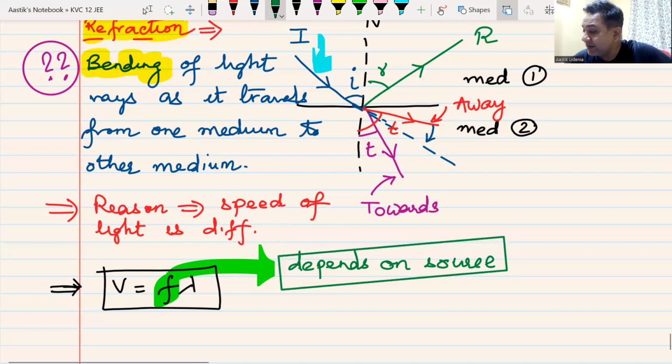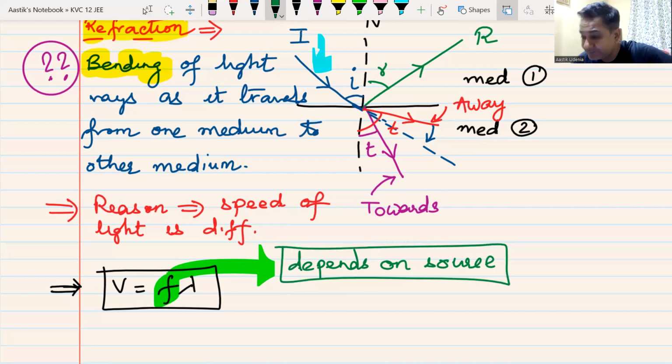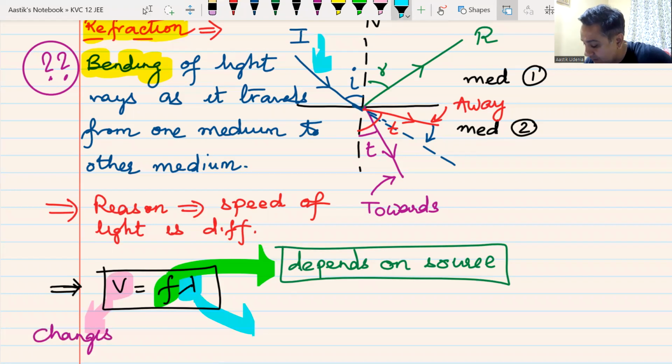Do we understand this? When light travels from one medium to other medium, what changes is what we have seen. The speed changes. Yes or no? Now speed changing, but frequency remains same. That means what happens with the wavelength of light? Does it remain same or does it change?